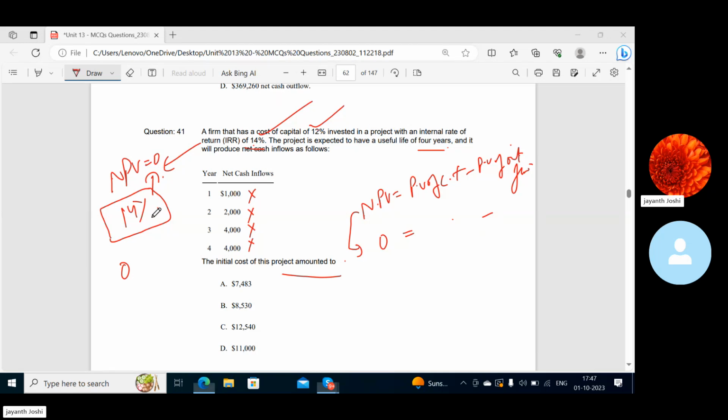See, at 14%, my NPV will be zero, right? So at 14%, which is my IRR, my NPV will be exactly equal to zero. That means present value of cash outflow is equal to present value of cash inflow, correct?